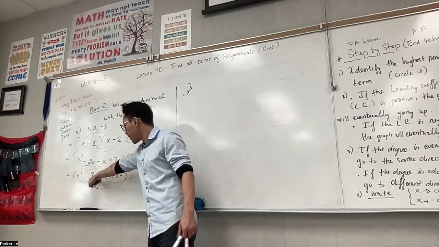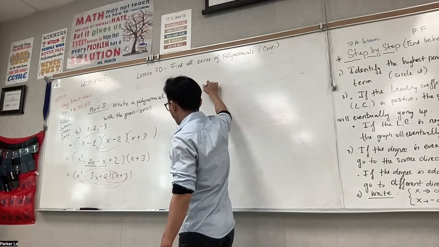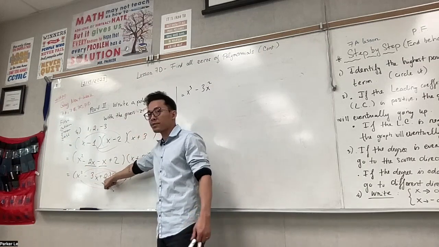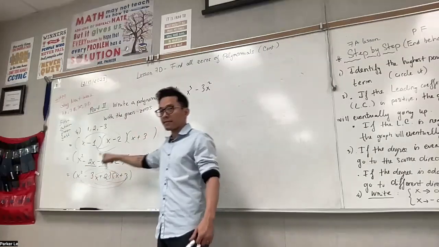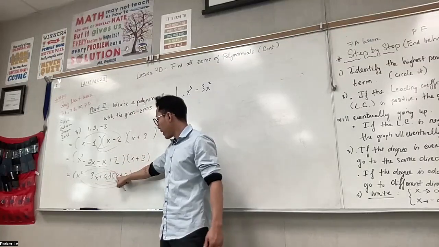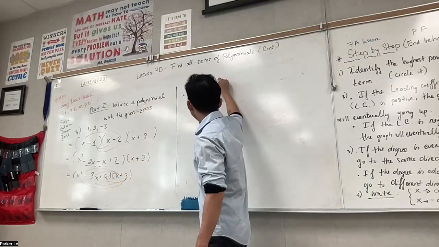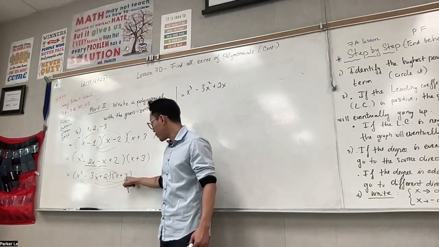What is x times negative 3x? Negative 3x squared. And then x times 2 is 2x.